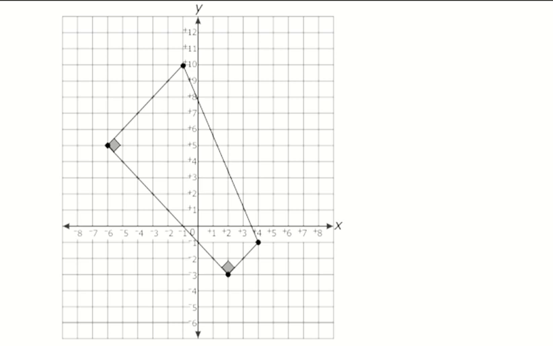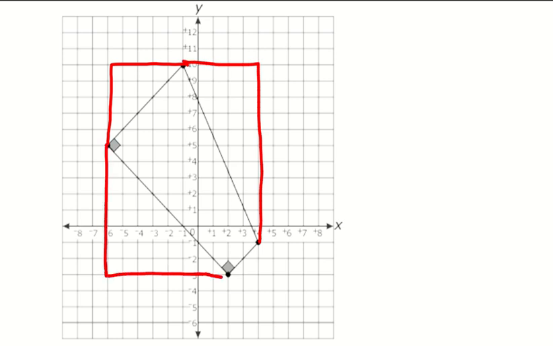What do I have to do on this one if I want to find the perimeter? Add all the sides. So we got to find all the sides. So the way we find all the sides is we're making a bunch of triangles. All right, so with each one of these triangles, we're doing Pythagorean theorem.